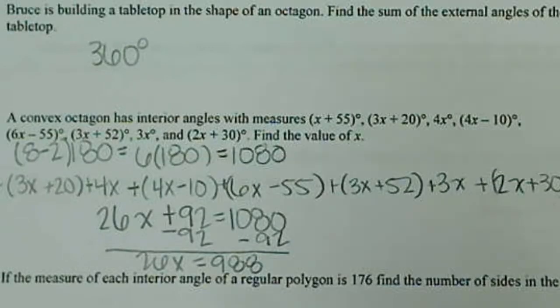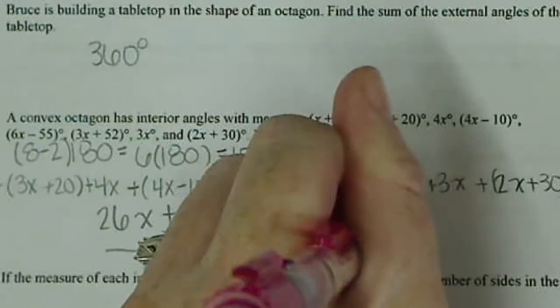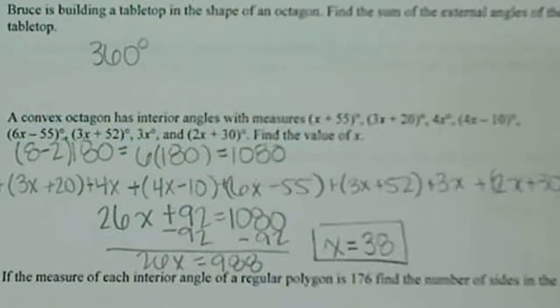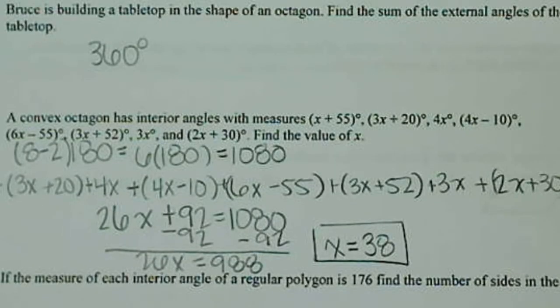Divide by 26. You should get x equals 38. Now, if you had to find each angle, which some of you are not reading on your homework and quizzes, you would need to then plug it in. But right now, all we need to know is what x is.